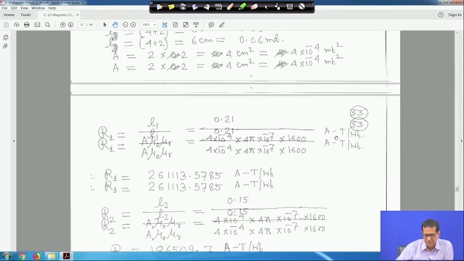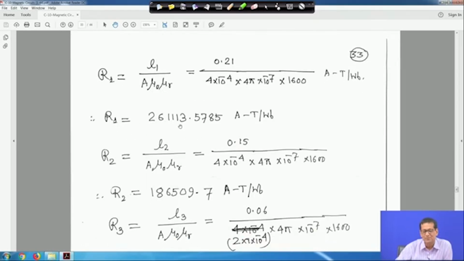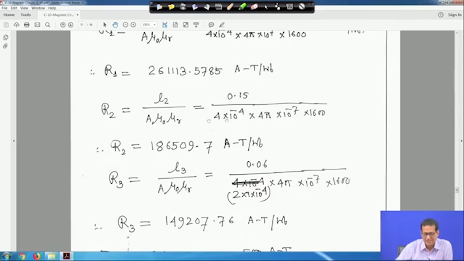Therefore, the reluctance for path 1, R1, is equal to L1 upon A mu 0 mu r. Mu r is given, and A is also known. So substitute, and you will get the value of R1 as 261,113.5785 ampere turns per Weber. Similarly, for R2, you calculate the reluctance for path 2.